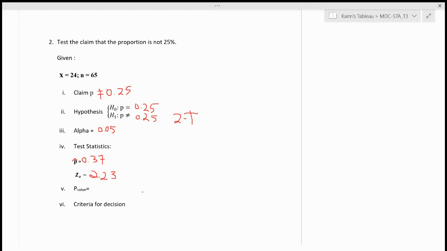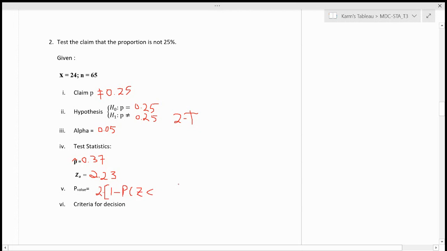No, that's the formula for the... Thank you, Kevin. So that will be 2 times 1 minus P of Z less than Z sub 0, in this case, which is 2.23.